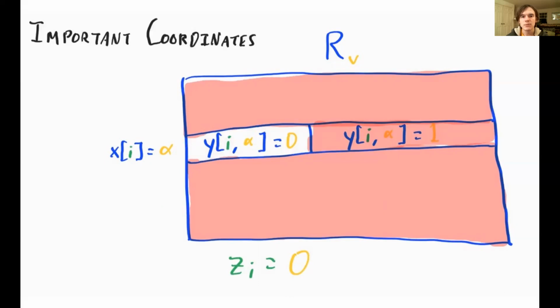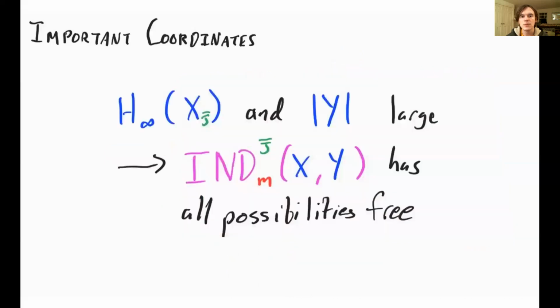So that's what's happening in the important coordinates. And we need a central lemma to take care of the unimportant coordinates. We're going to let J be the set of coordinates that we fixed so far. So bar J is going to be all the free coordinates.